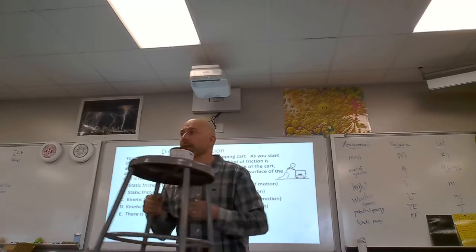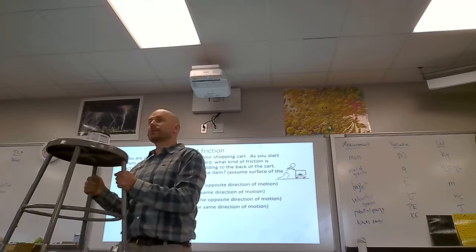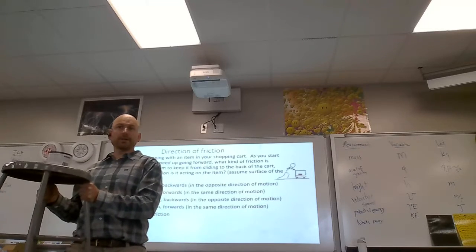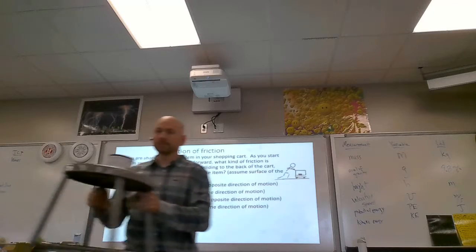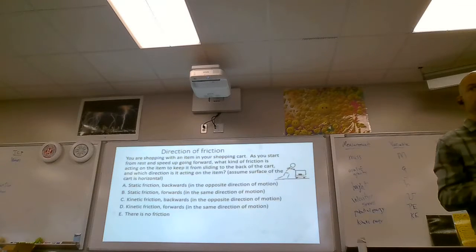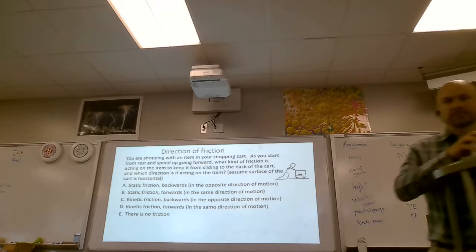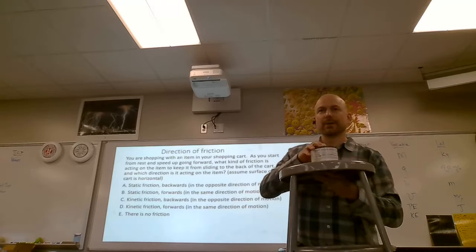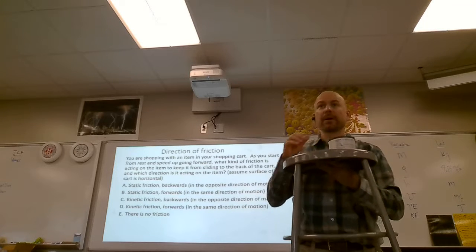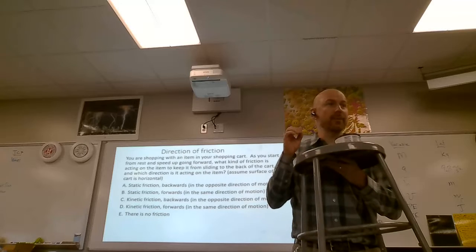So bring it into this scenario. We didn't speed up so fast that it started to slip. We just did this. It wants to do this, but because it was what type of friction?